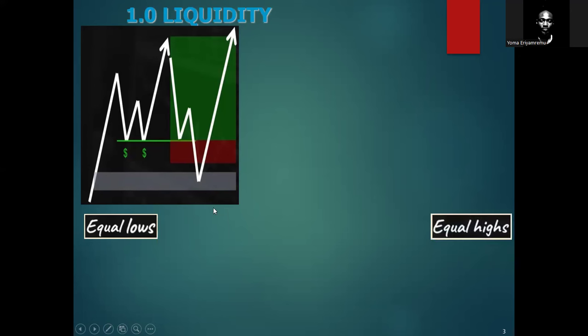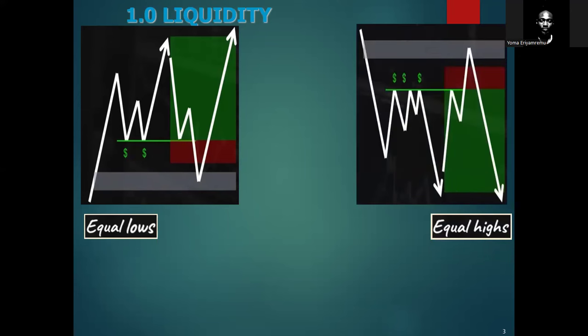We also have what we call equal highs. So it's just the reverse. In the equal highs, you see that we have orders being placed here. People place their stop loss here, and they are trusting that the market will come down.